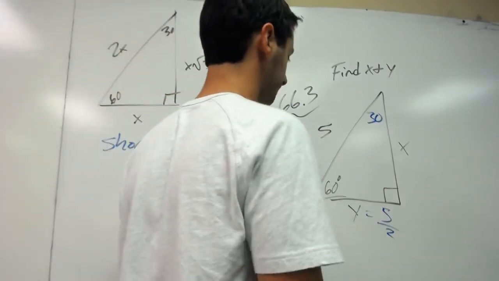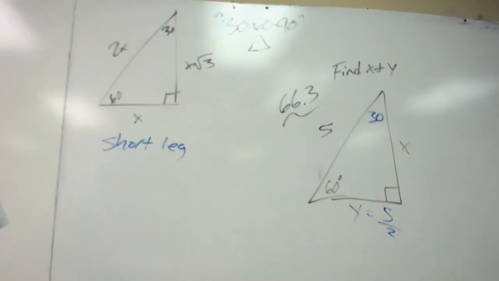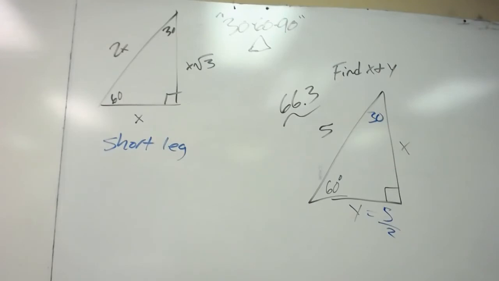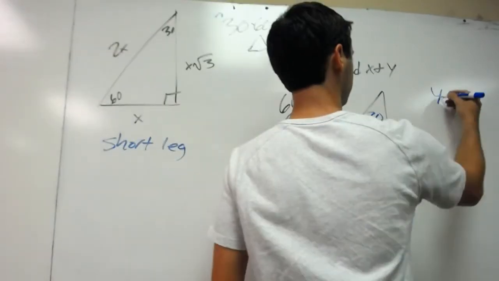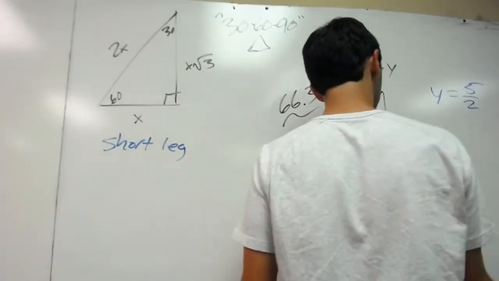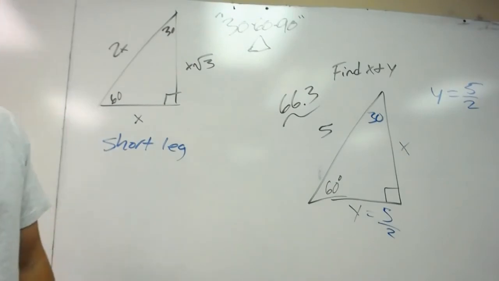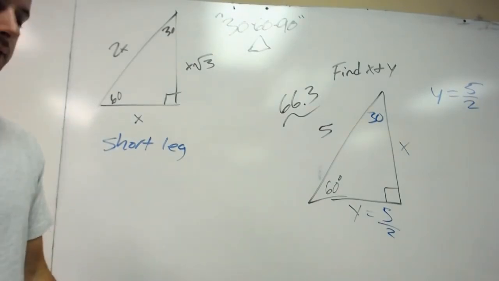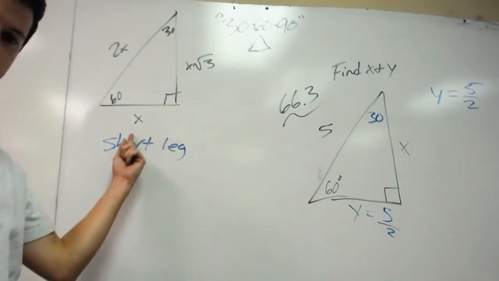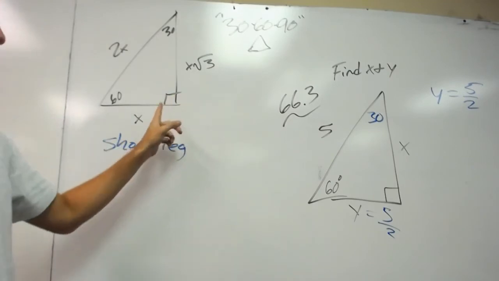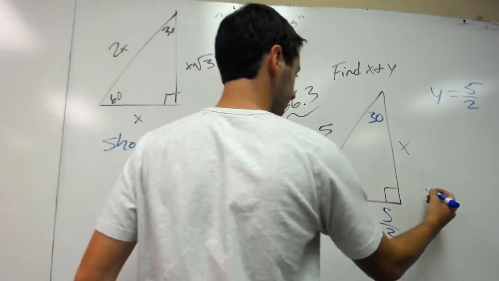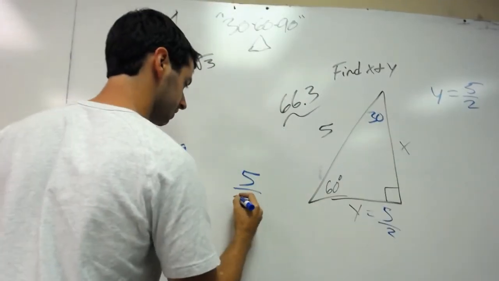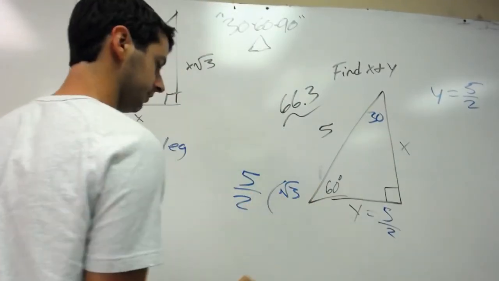I'm going to go ahead and put that in decimal. Let's see what it asks for. It does the fraction. So y equals 5 over 2. The short leg is 5 over 2. Now, how do we get from the short leg to the long leg? We multiply by radical 3. So 5 over 2 times radical 3.